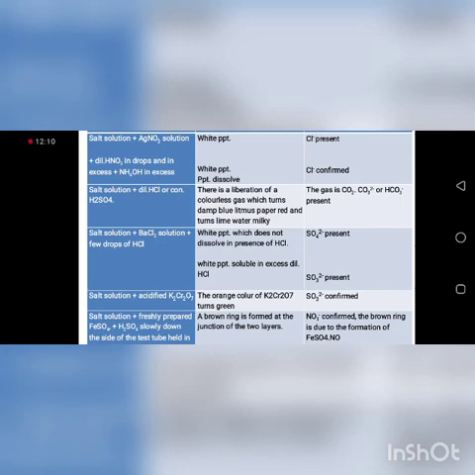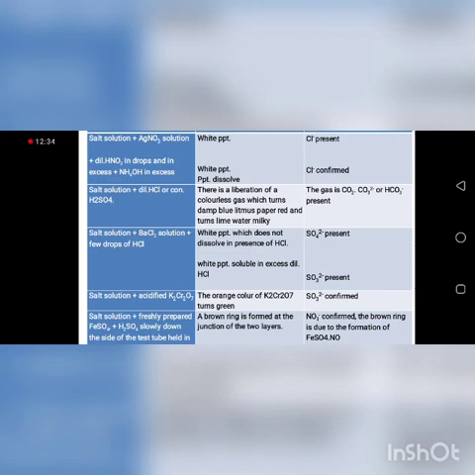But if a white precipitate is formed but soluble in excess HCl, it confirms that SO3 2- is present. So this is how to differentiate between the tetraoxosulfate 6 ion and the trioxosulfate 4 ion. The tetraoxosulfate 6 ion is insoluble in excess HCl, while the trioxosulfate 4 ion is soluble in excess HCl.